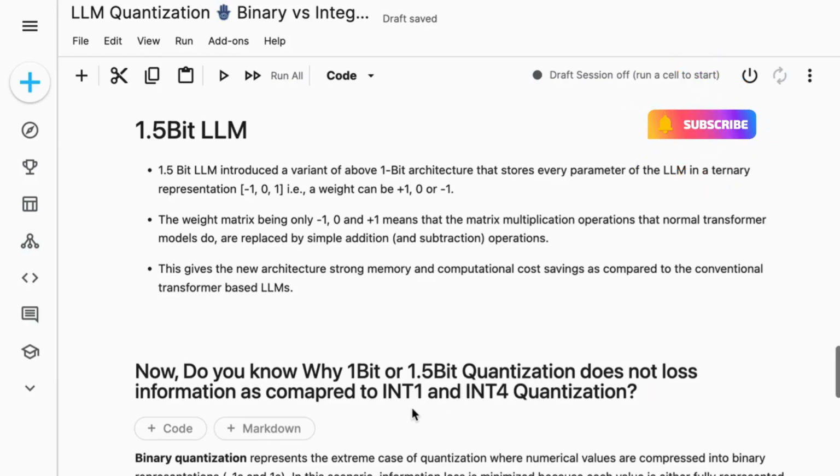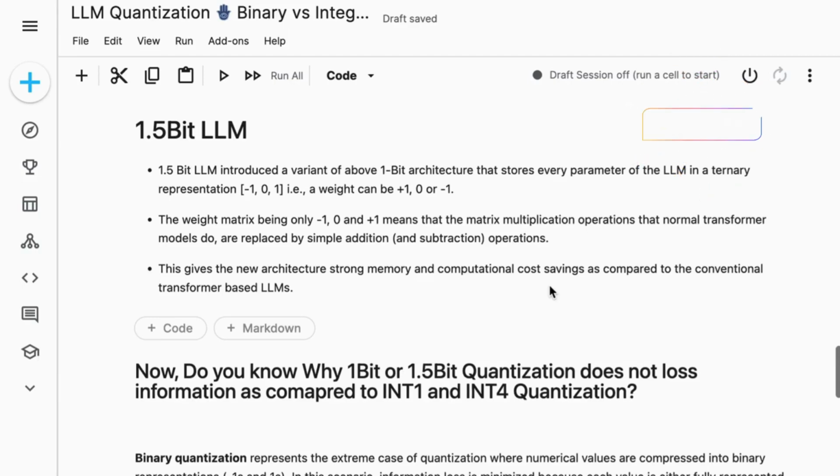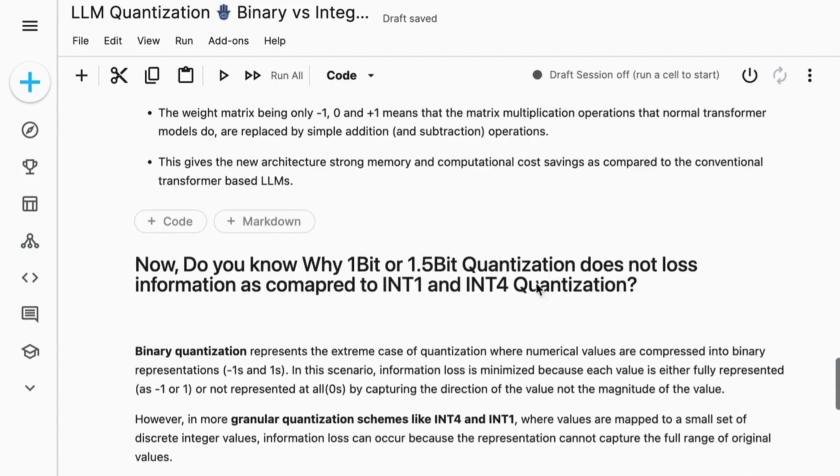I already explained in my last videos that INT1 and INT4 quantization lose information very much and decrease your accuracy drastically. So why are 1-bit and 1.5-bit the best quantization methods? Because binary quantization represents the extreme case of quantization, where numerical values are compressed into binary representations like +1, -1, or 0.